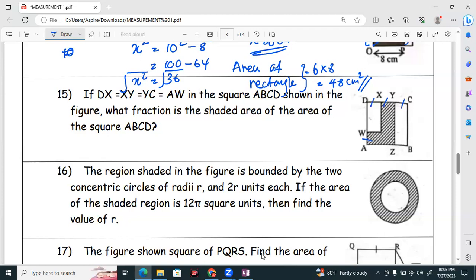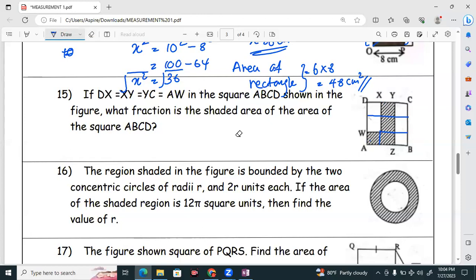Then if you separate, you can approximately separate it like this, no? 1, 2, 3, 4, 5, 6, 7, 8, 9.